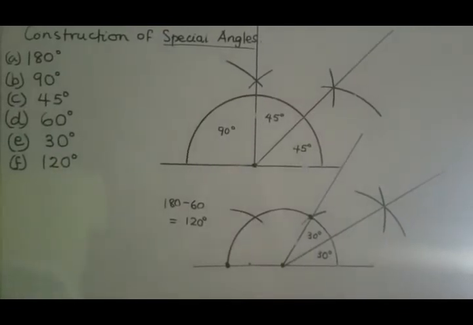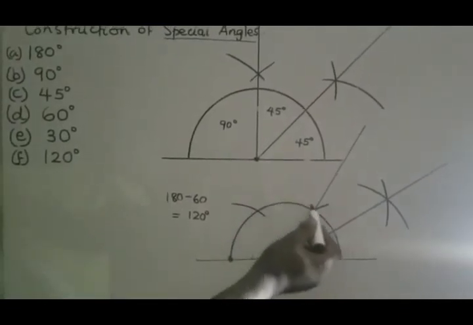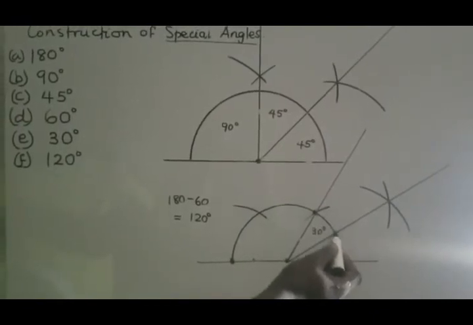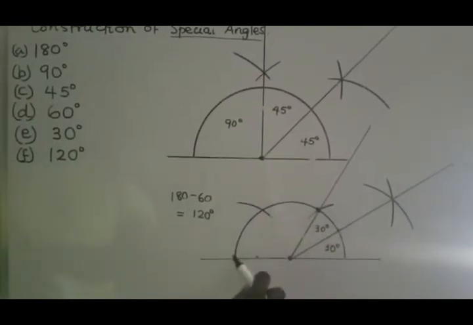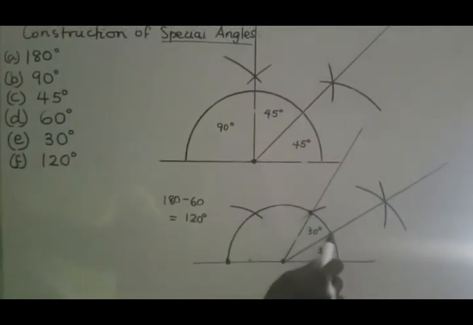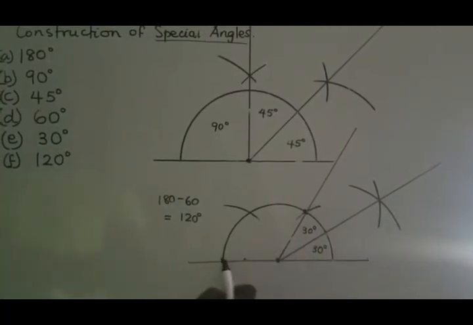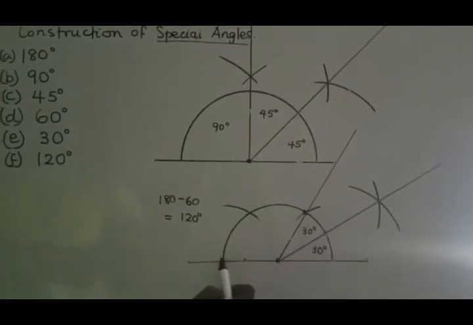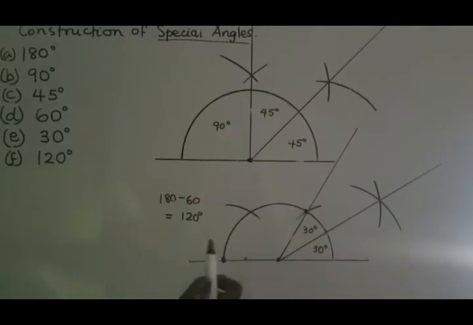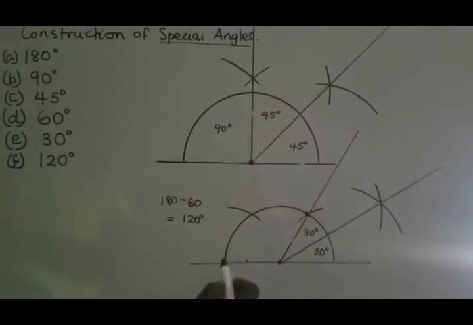And if we start from here and then we come down to this point, what do you think we are going to get? From here, this is 120 plus 30. What is that? 150. Good. So we can also construct 150 degrees, not necessarily with a protractor.